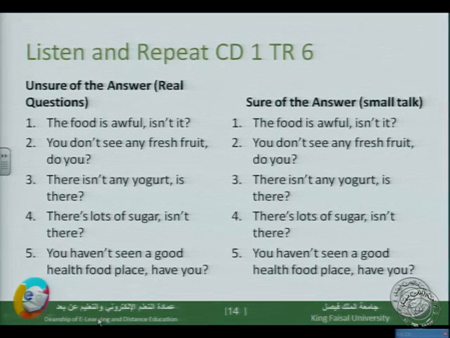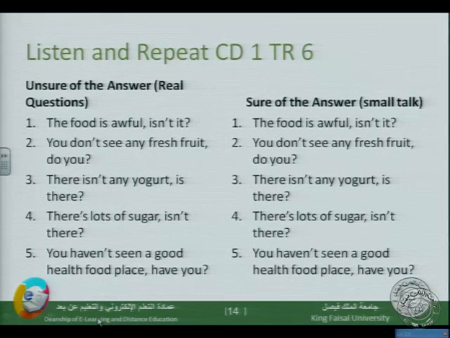Sure of the answer. The food is awful, isn't it? Number 2. Unsure of the answer. You don't see any fresh fruit, do you?